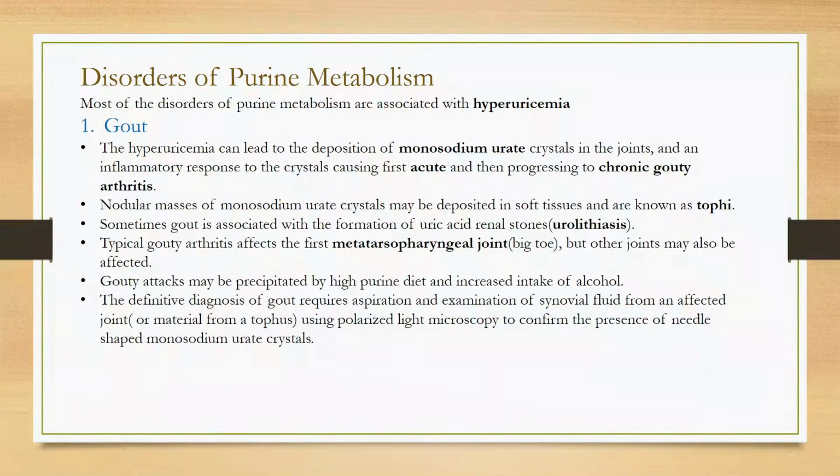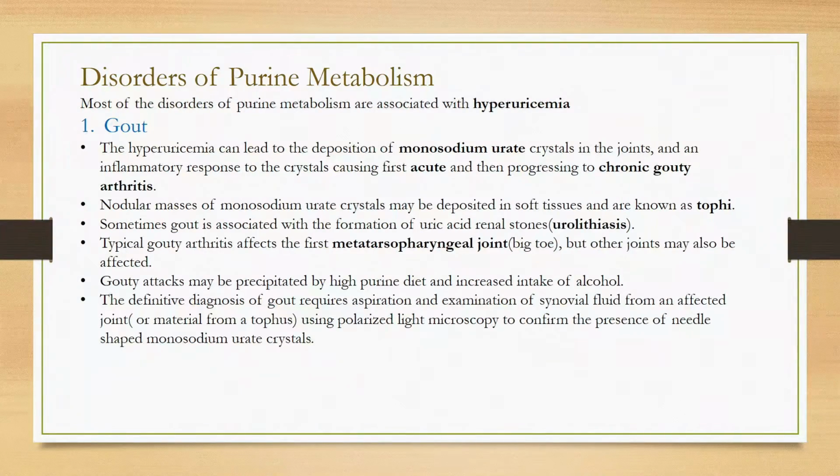Urate crystals may occur in the synovium and synovial fluid of joints, causing excruciating pain associated with swelling and redness. This inflammatory condition is popularly called gouty arthritis. Nodular masses of monosodium urate crystals may be deposited in the soft tissues and are known as tophi.